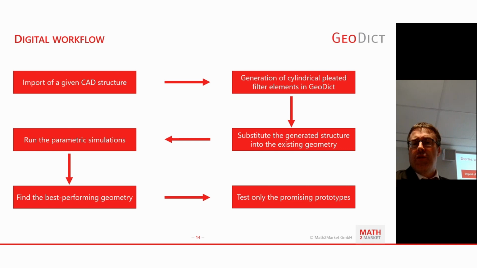By analyzing the results, the best performing configuration can be found and tested digitally. This promising prototype can then be manufactured and validated at the test bench, as you're doing it at the moment, isn't it? This procedure allows optimizing the filtration relevant parameters, saving time, saving material, saving time in the production and testing of additional filter elements.